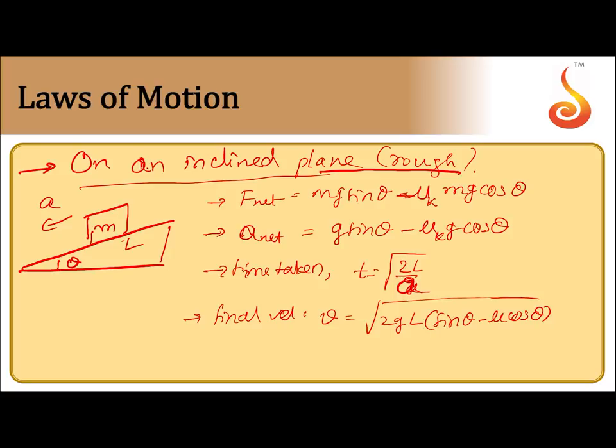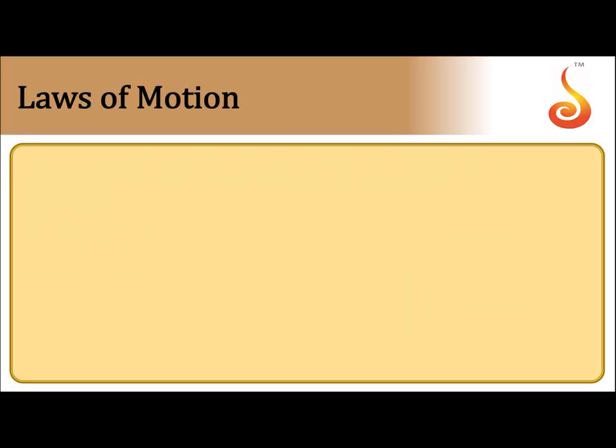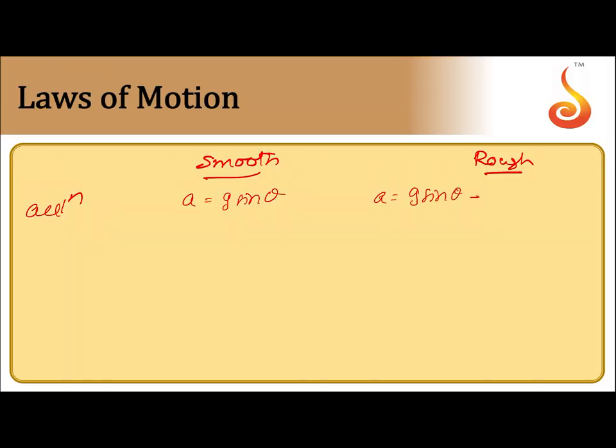Okay. So it is better if we can compare these results. For example, smooth inclined plane versus rough inclined plane. Acceleration, what is that acceleration? This is g sin theta on the smooth inclined plane, and this time what is the acceleration? It is g sin theta minus mu g cos theta.